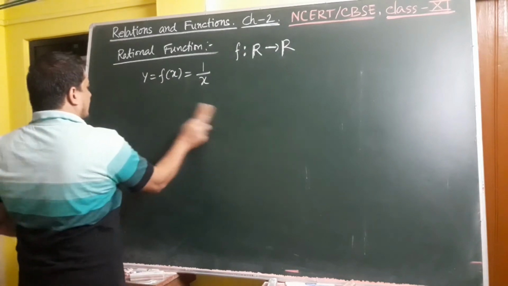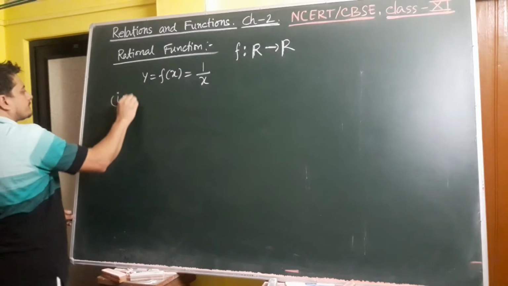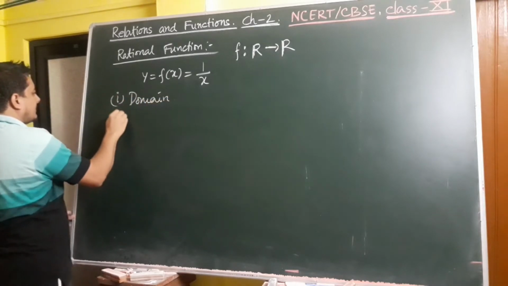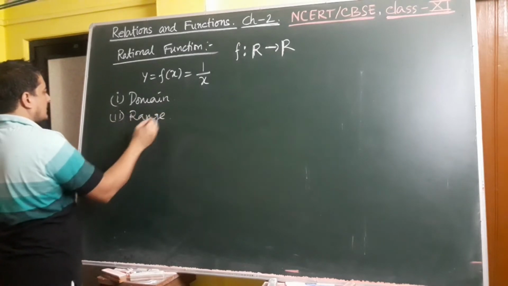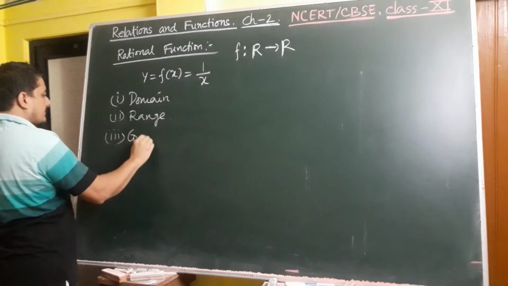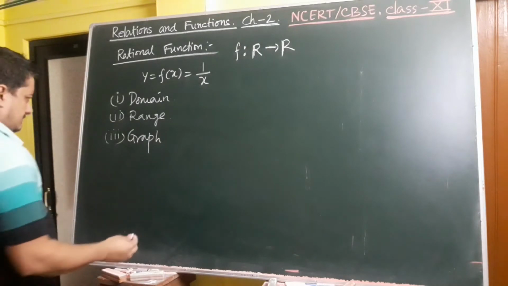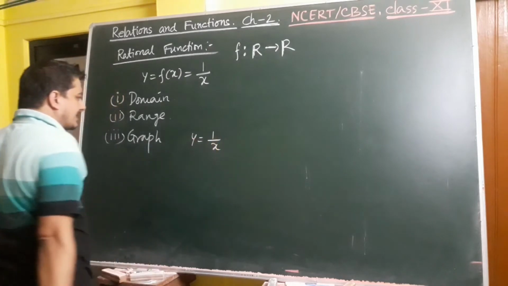Okay, so now you have to find first the domain, then the range, then you have to draw the graph. The equation that is given is y is equals to 1 upon x.